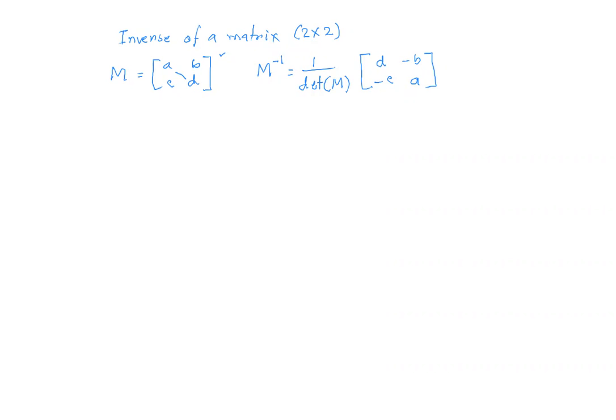Now, the thing about matrices: if two matrices A and B are inverses of each other, then A times B is the identity matrix. It's a square matrix we are talking about.